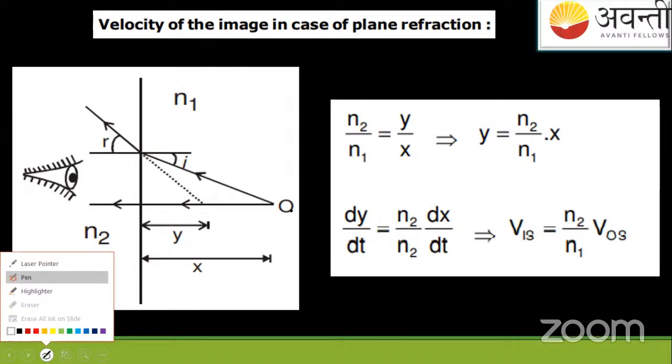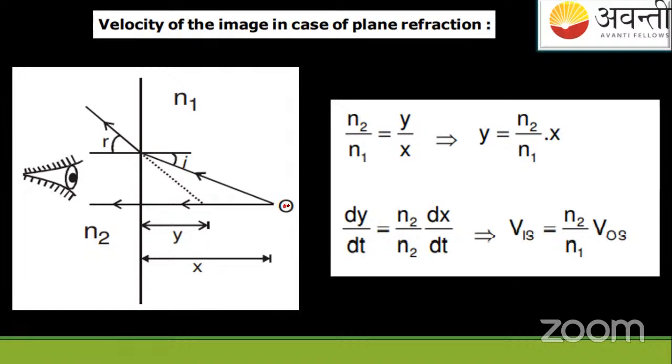We have seen now. Suppose this is the fish, a starfish. It's laughing. And this is the eye. See, when the ray of light goes from this medium, say N1, 4/3, a denser medium, towards N2, which is a rarer air medium, we know the ray bends away from the normal.